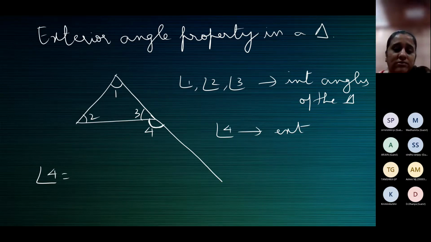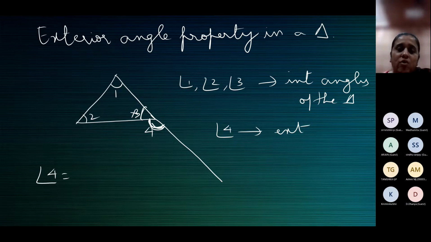Now you know that 3 plus 4 is 180, because 3 and 4 lie on the same straight line. If you call 4 an exterior angle, its interior angle is angle 3.